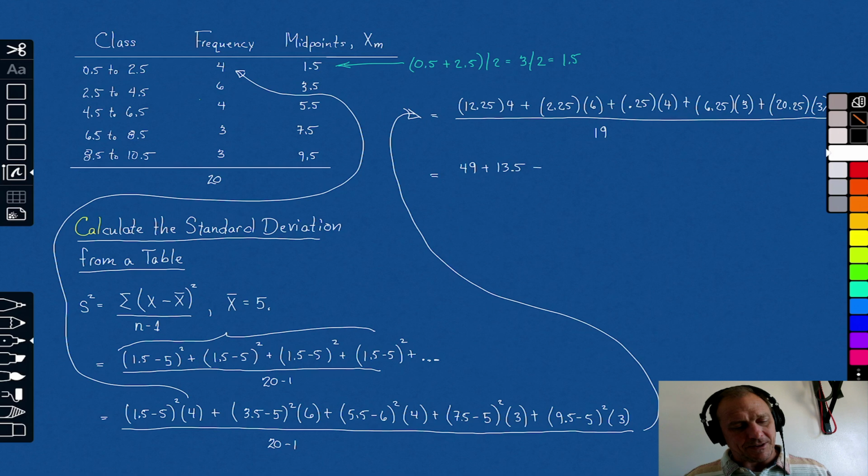I don't know if I did that right or not, but we'll find out. Plus 4 times a quarter, that's just 1. Plus 3 times 6.25, that's 18.75. Plus 3 times 20, that's 60.75. Take all of that, divided by 19.